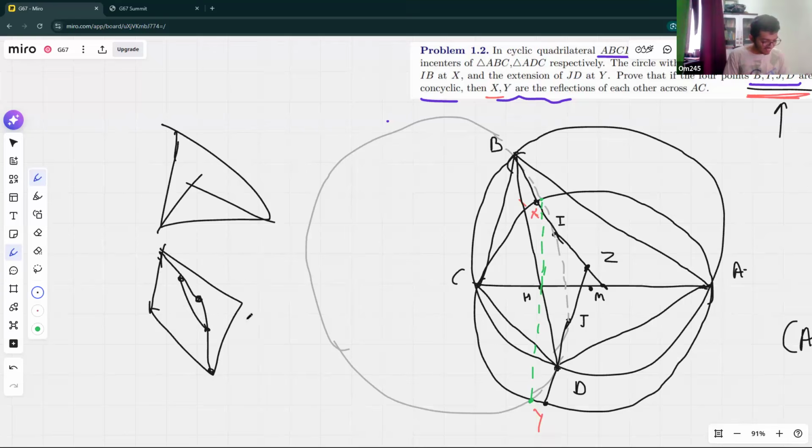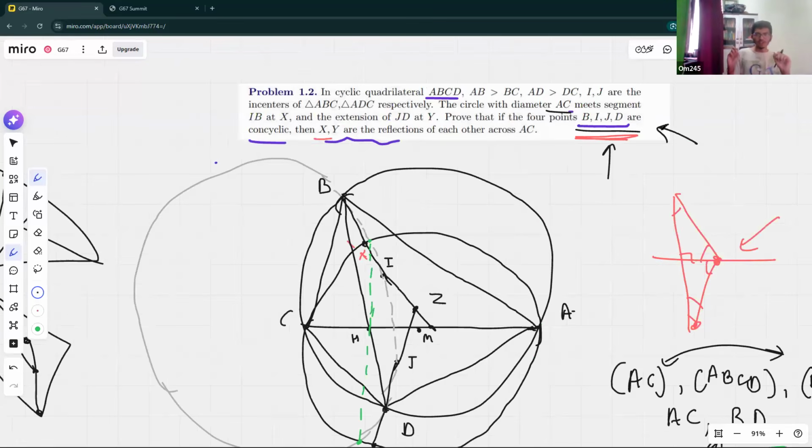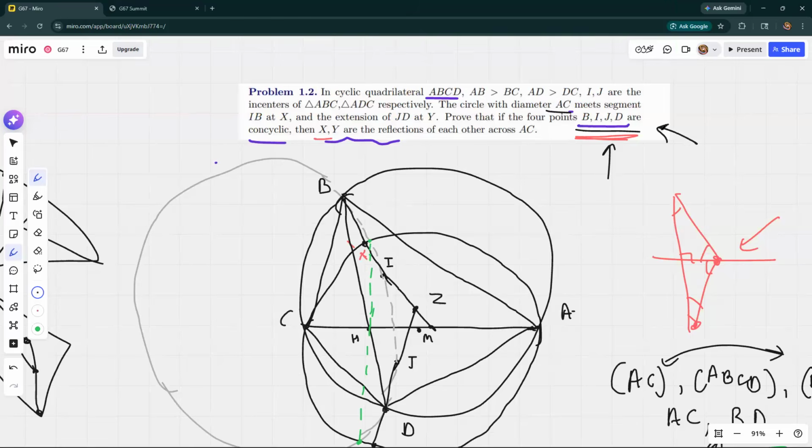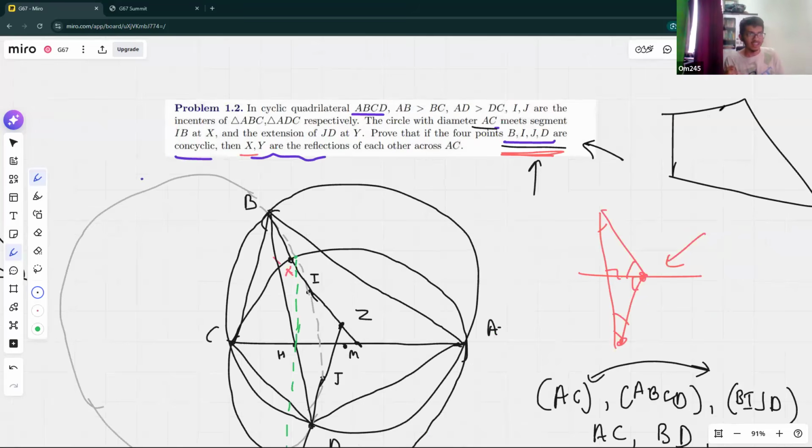Exactly. I want to rephrase this: if this condition is true, the quadrilateral becomes somewhat special, right? What special quadrilaterals do you know? Cyclic quadrilateral. We can also try tangential, the quadrilateral with an incenter. That means the angle bisectors of all four angles meet at one point, and all of these lengths are equal.